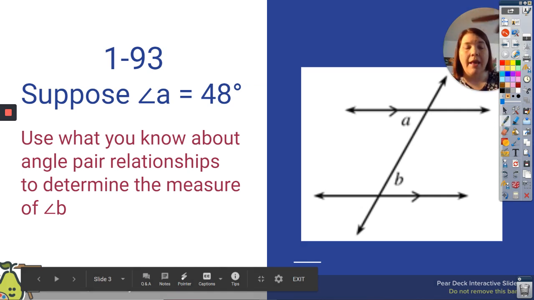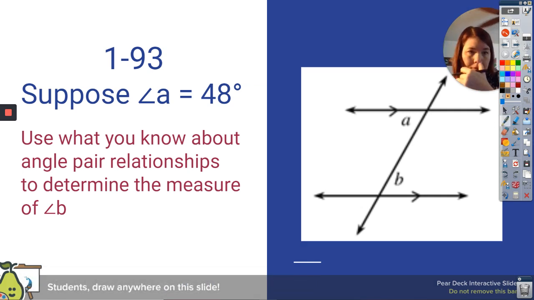Suppose we know that angle A is 48. How do we figure out the measure of angle B? A is 48, and this is where you're going to start writing on the pair deck. If A is 48, then this angle is also 48 because they correspond.